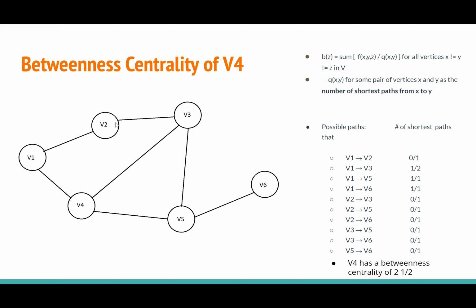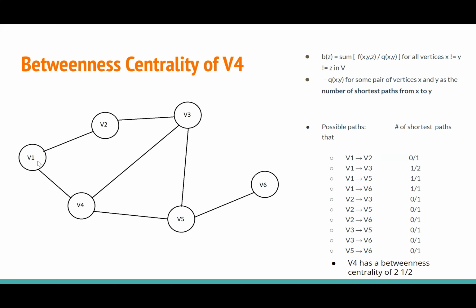Instead, we're going to focus on the other paths. So the first one is V1 to V2. V1 to V2 is just 1 because there's one line, it's unweighted. So that goes for the Q of X, Y. And because it does not include V4, there's a 0. So it's 0 over 1.